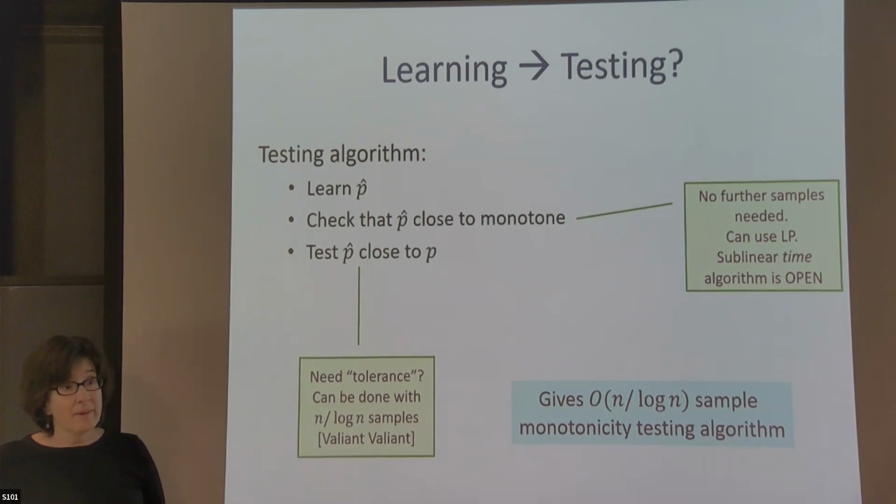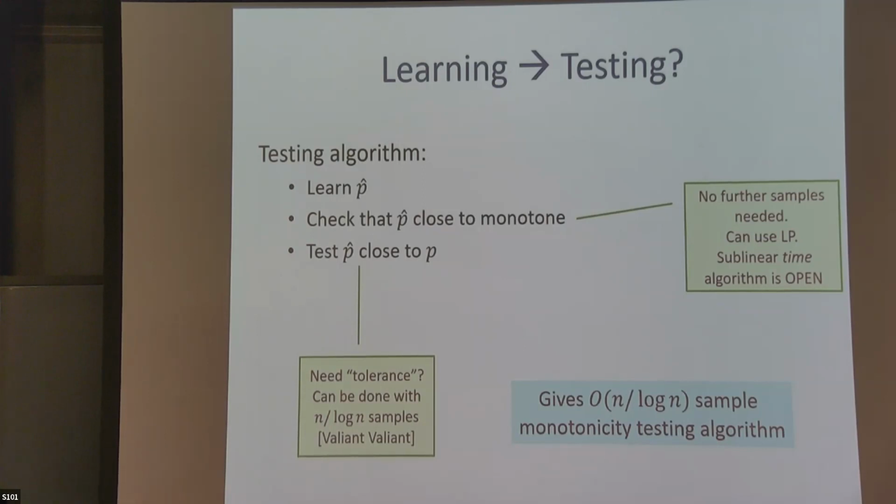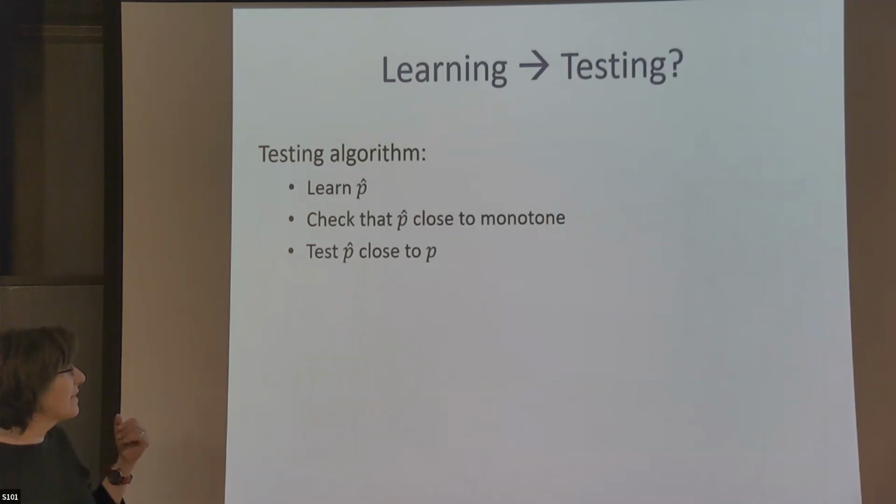How is P-hat represented? You can decide. But I mean, your algorithm, what's it? I'll tell you in a minute. But yeah, we don't have a sublinear time learning algorithm. Okay, we actually do have a sublinear time learning algorithm for monotone distributions, I think.